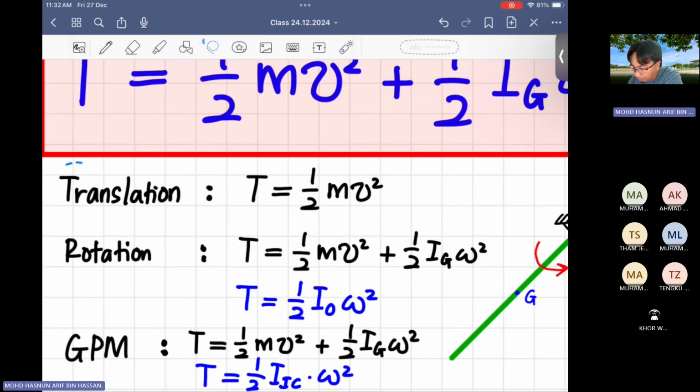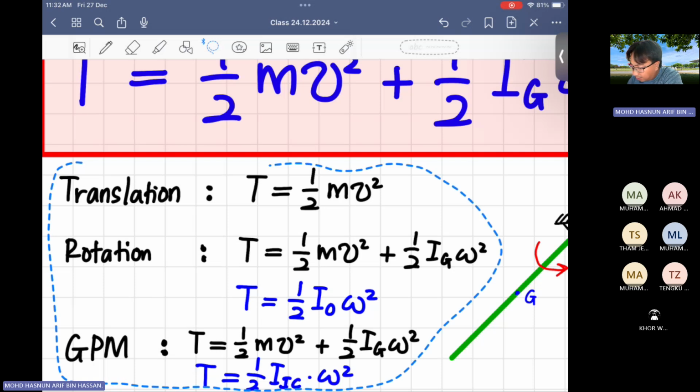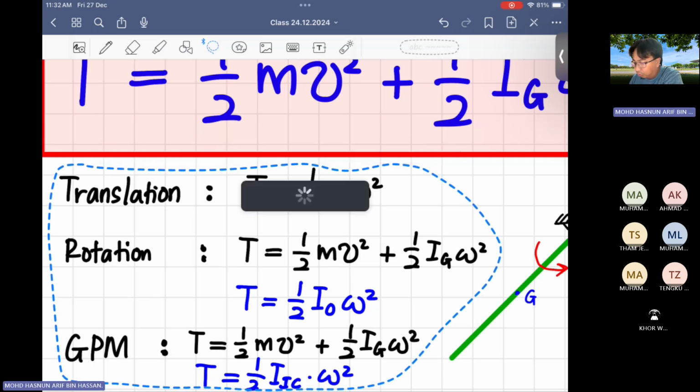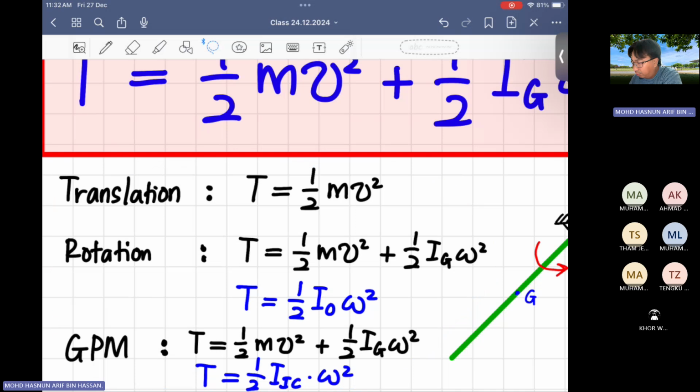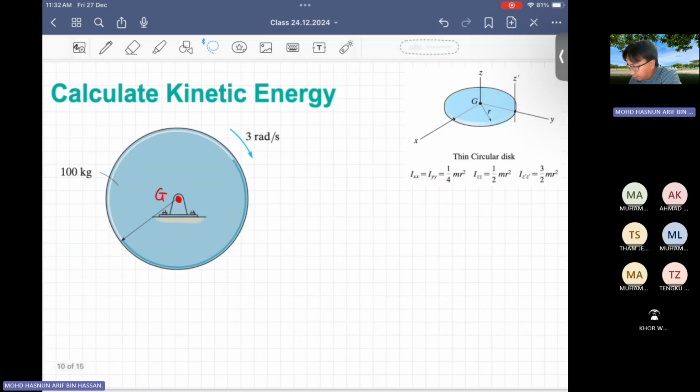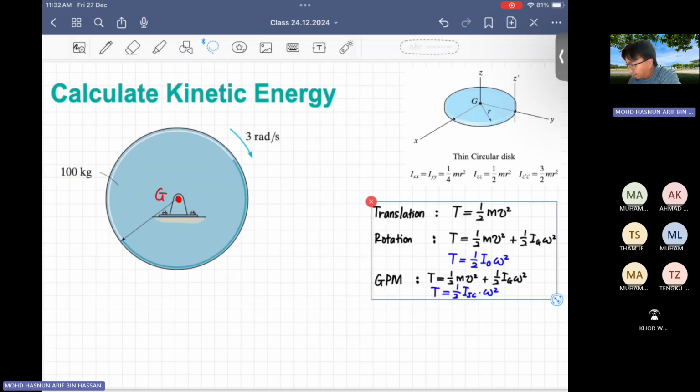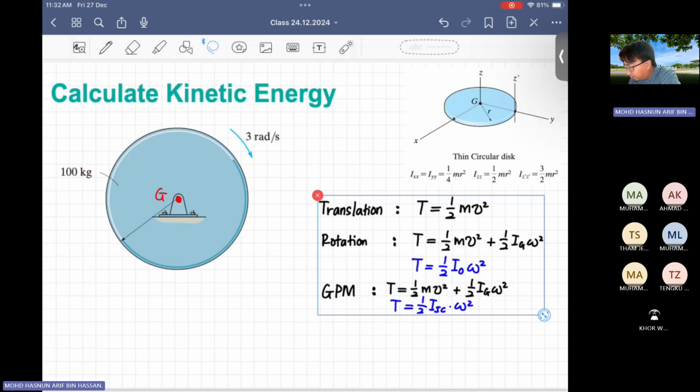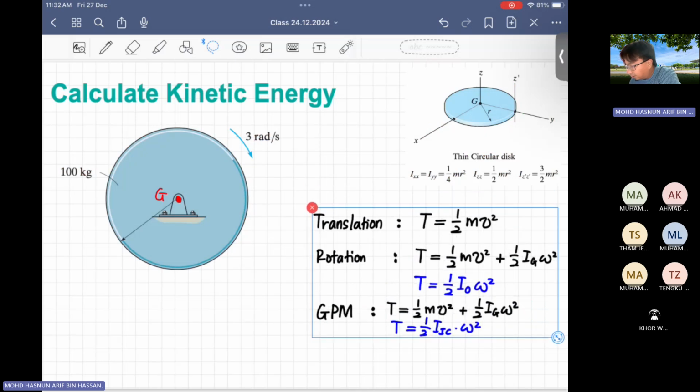Maybe I can copy this and put on the page so that you can choose which one you can use. Now we have the list of equations here. Which one can you use to solve this problem, to calculate the kinetic energy of this object?